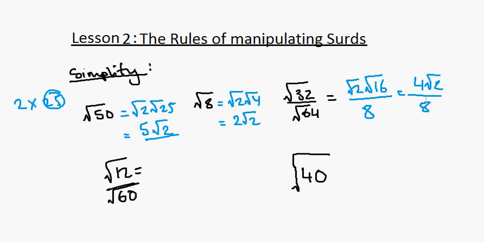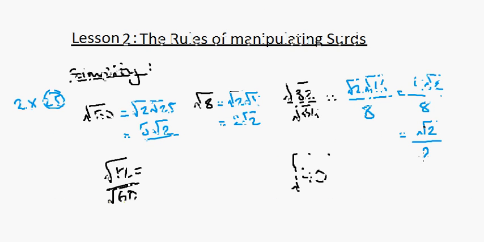We can divide this by 2, and we get, actually we can divide this by 4, so we have root 2 over 2, which is simplest possible, I think. Yes, it is. Now root 12 over root 60.